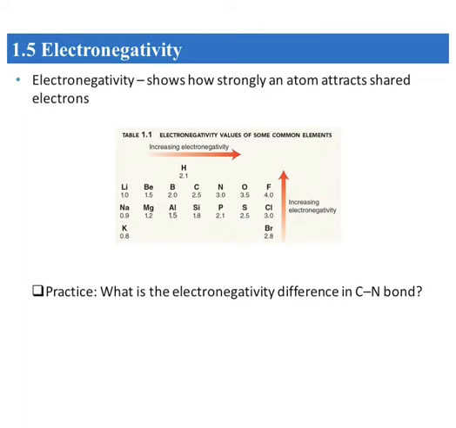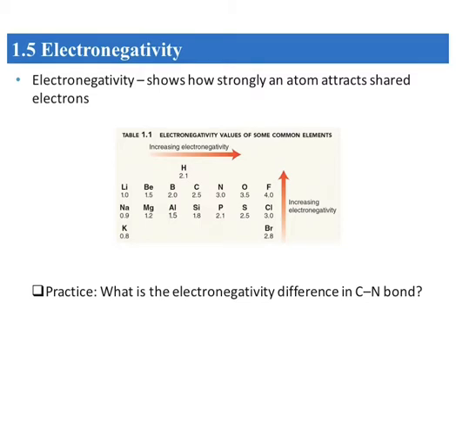That means fluorine has the highest value, so it is the most electronegative atom in the periodic table. If you go away from fluorine, you are losing electronegativity.